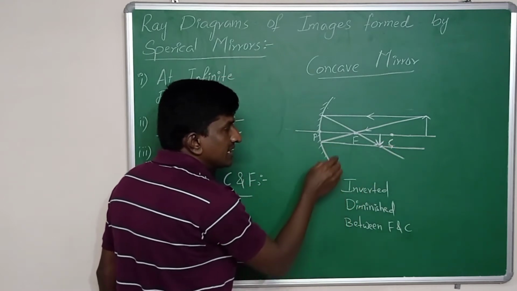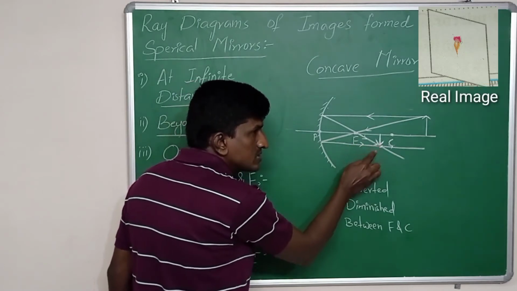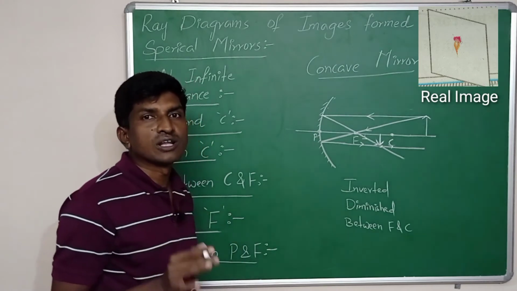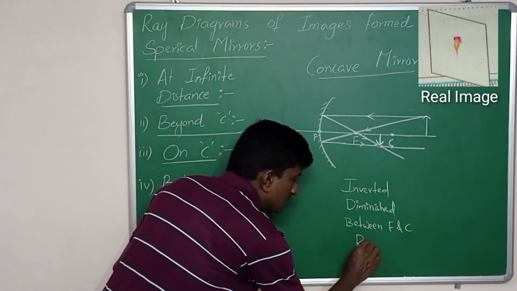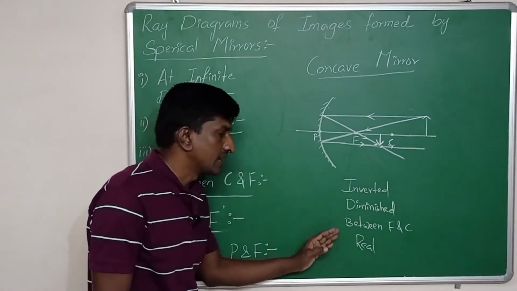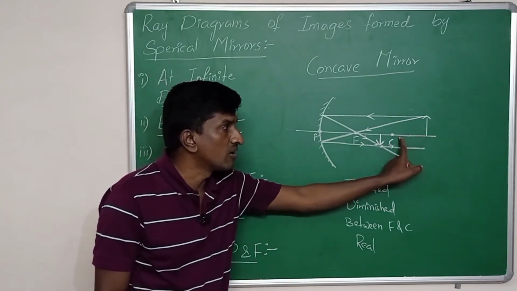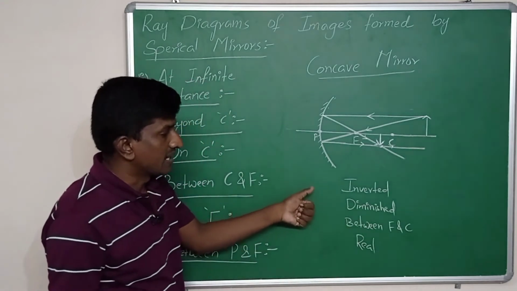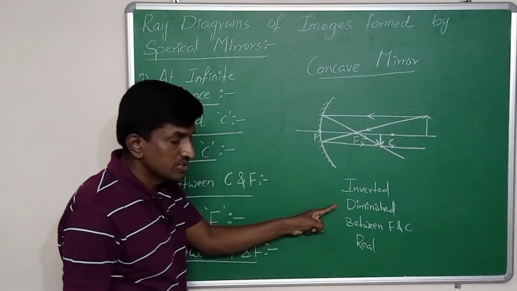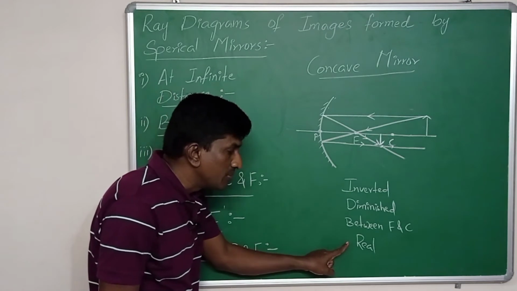Whenever the reflected light rays intersect, they form the image on the screen. The image which can be caught on the screen is said to be a real image. So this is the ray diagram for the object which is placed beyond C. The characteristics are an inverted image, a diminished image, between focal point and center of curvature, and the image is real.